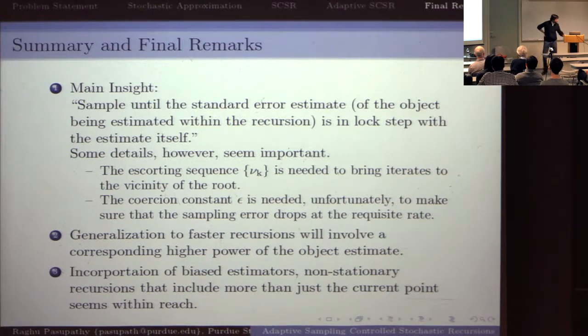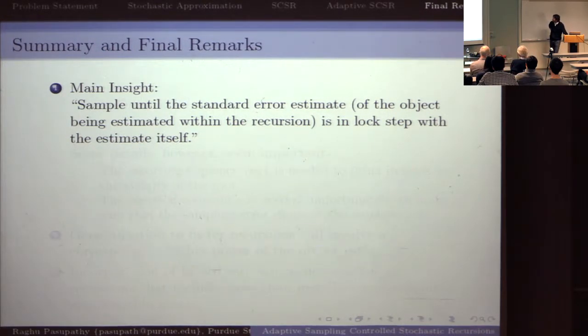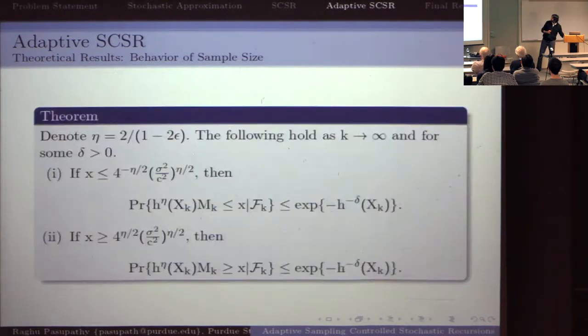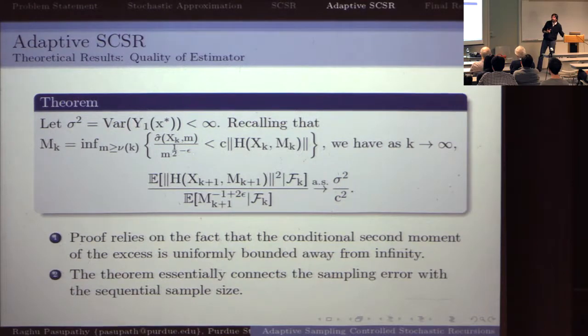Yes, I agree with your idea. But the point is, this sample size right here, the estimate essentially has to become consistent. Your sample size has to go off to infinity in effect.